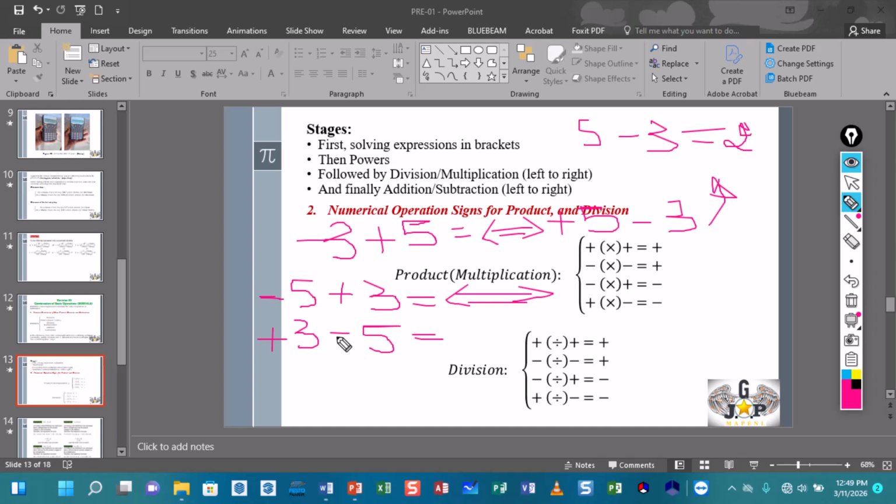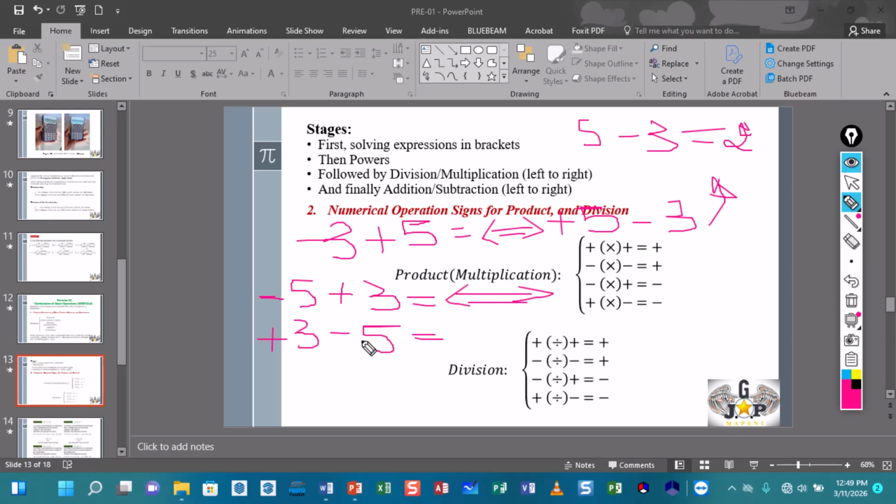So what happens is this. There's a rule that says when you have two numbers, one small positive and one bigger negative, you effectuate the operation, meaning you solve it, with the sign attached to the bigger number, and you keep that sign.